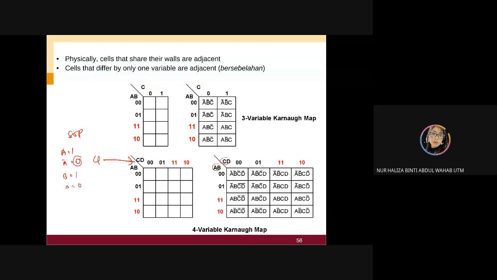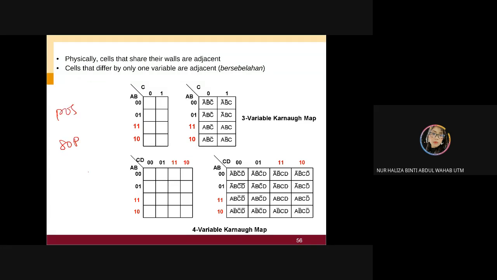That's why you look here, bar, bar, bar. So please try to fill in every single cell inside and check with your answer here. If you get it correct, then you understand what is basically POS and what is basically SOP.